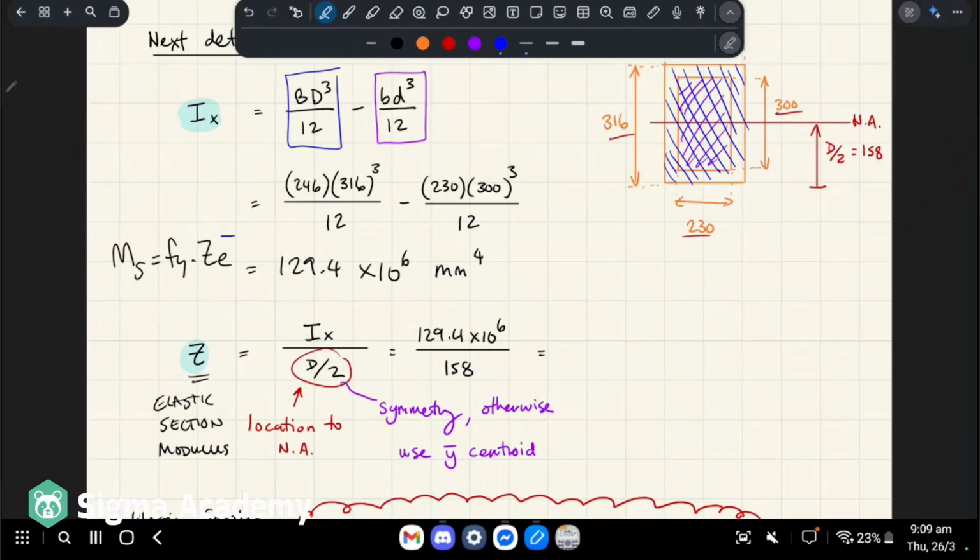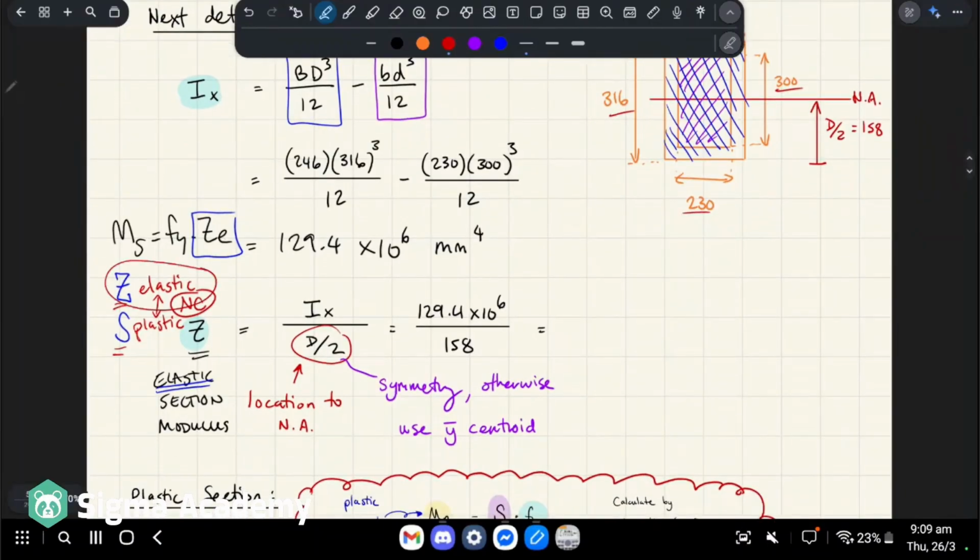So we're trying to find Ze, which is the effective section modulus, right? But the effective section modulus is not quite the same as the elastic section modulus. What we need to find is Z, which is your elastic case, and S, which is your plastic case, right? So this one's plastic. This is elastic. And the idea is that Ze can be between elastic and plastic for non-compact sections, okay? So we need to find both of these values, and then we're going to need to compare them in the formula, right?